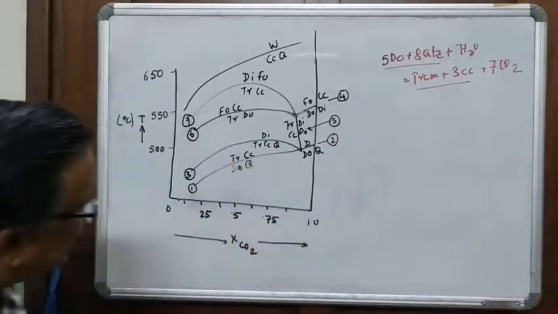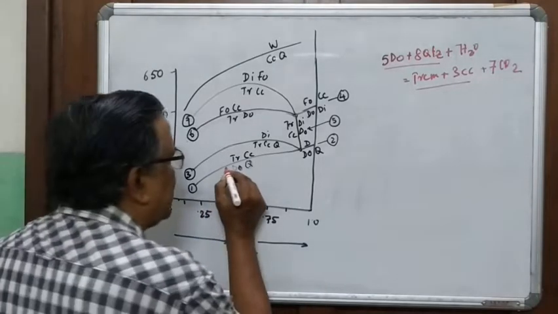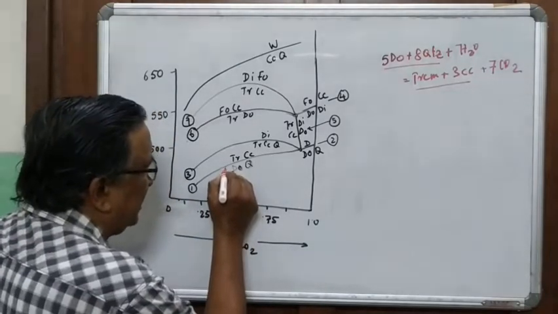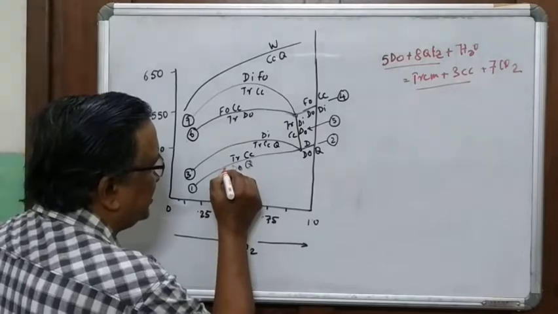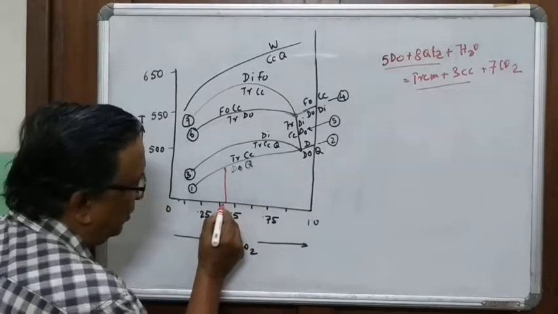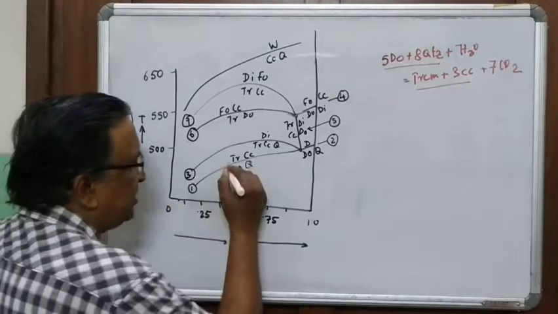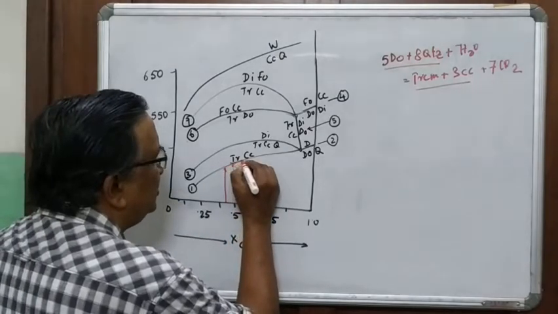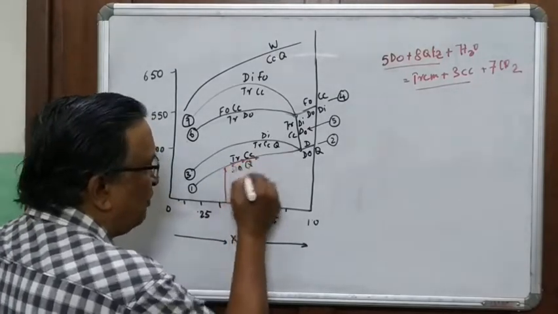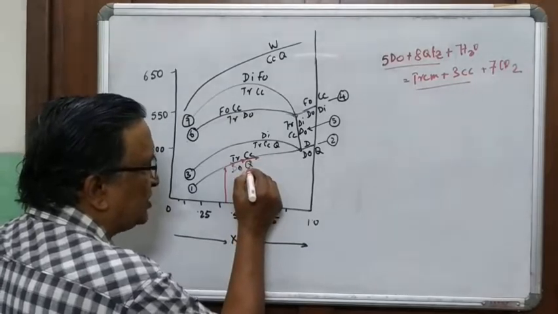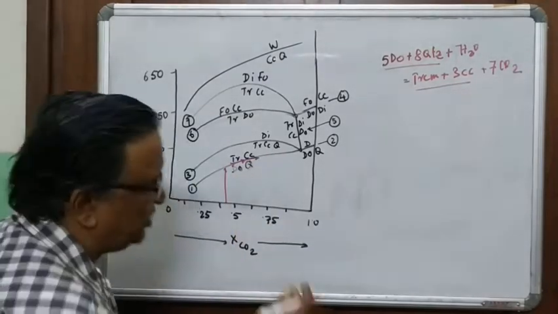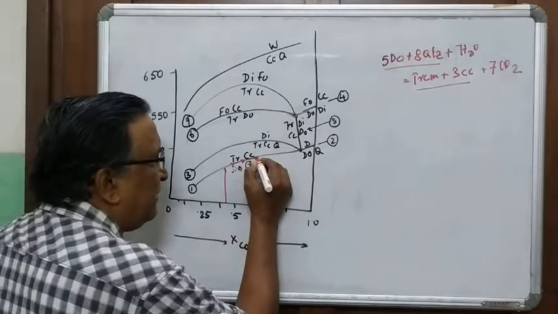And if you look at it, say you start with a slightly hydrous material like this, at XCO2 quite low, that means more hydrous conditions. Then you move along this path, and somewhere dolomite or quartz gets exhausted, and you produce a mineral.